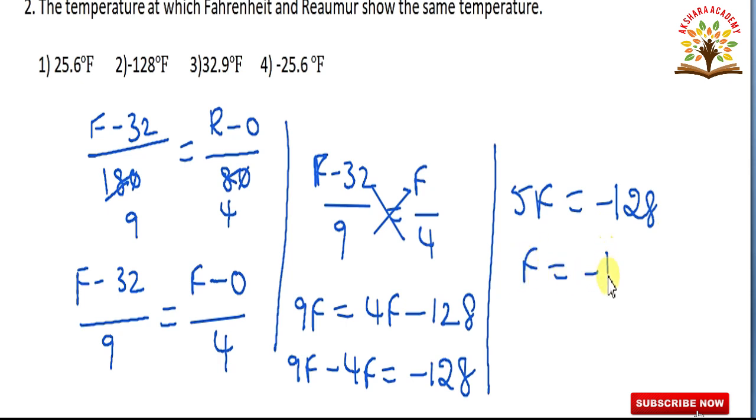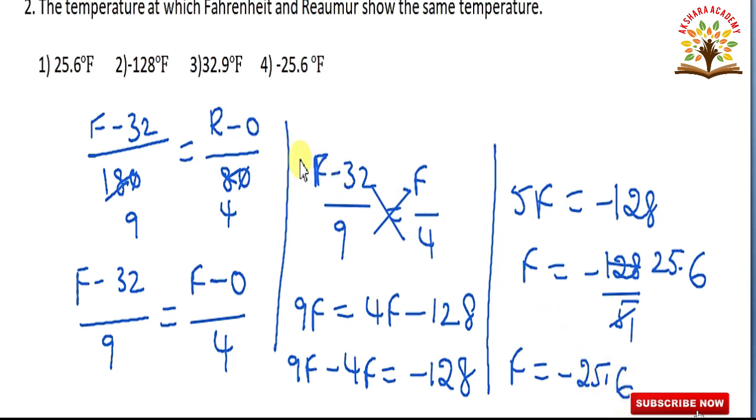F is equal to minus 128 by 5. 5 ones are 5, 5 twos are 10, 5 fives are 25, 5 sixes are 30. So F is equal to minus 25.6.